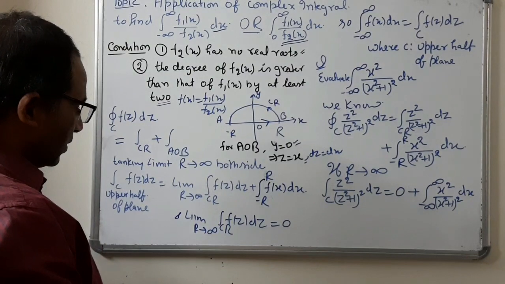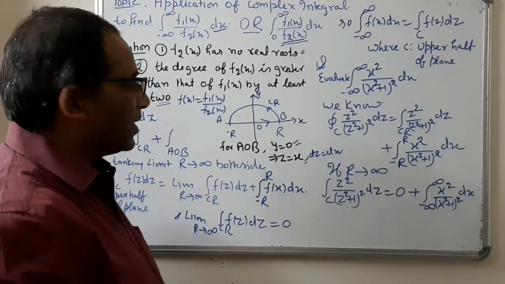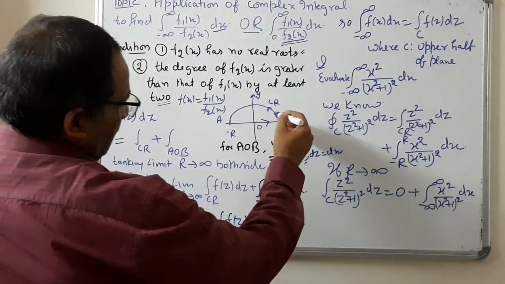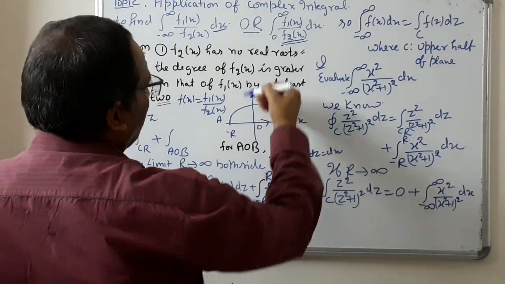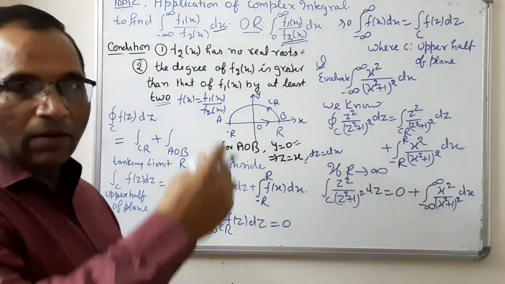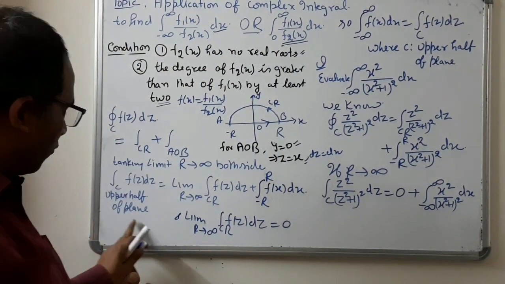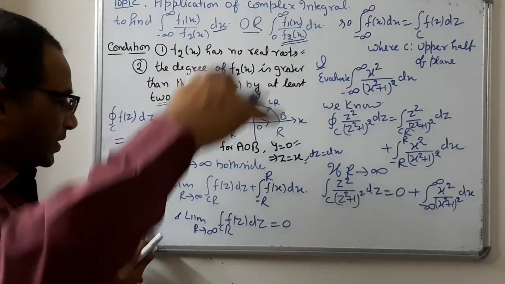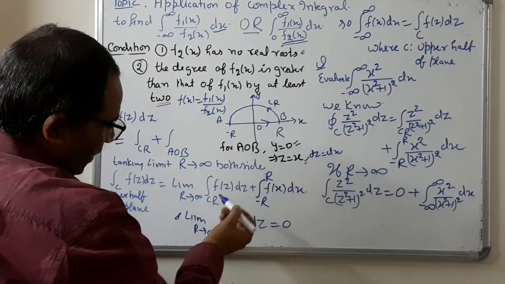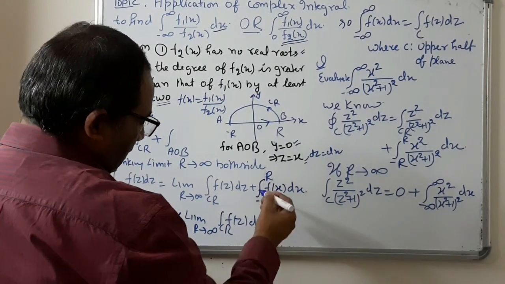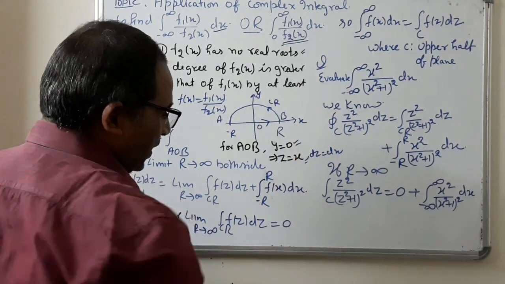What happens when we take the limit r tending to infinity on both sides? The closed path C will convert to the upper half of the plane, the upper half of the x-axis. On the right-hand side, we have the limit r tending to infinity of the integral over C_R of f(z) dz, and the integral from minus r to r of f(x) dx becomes minus infinity to infinity of f(x) dx.